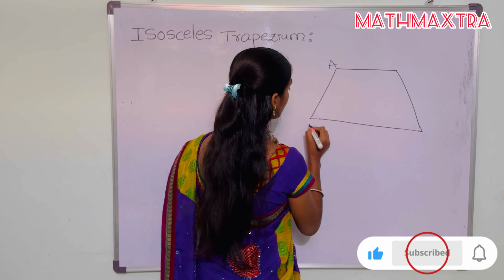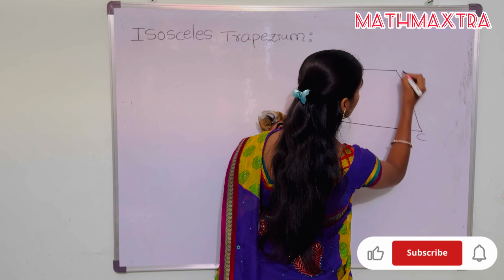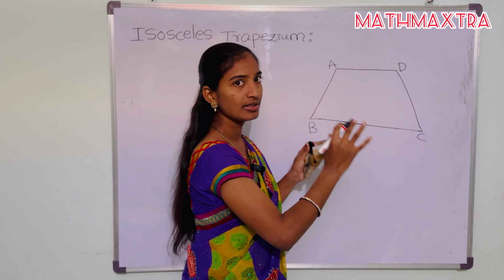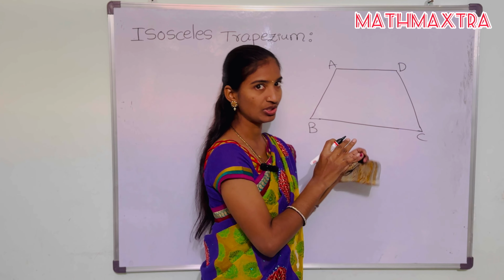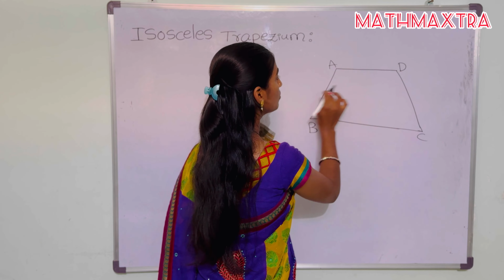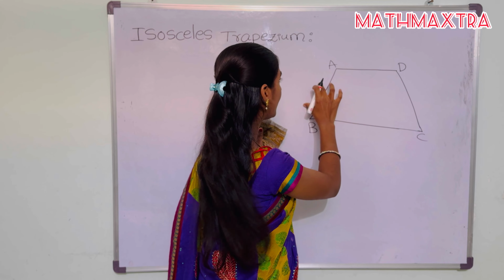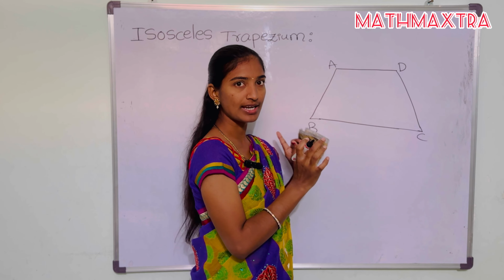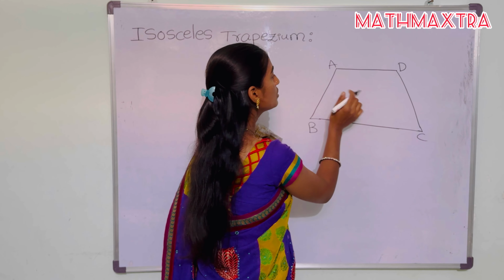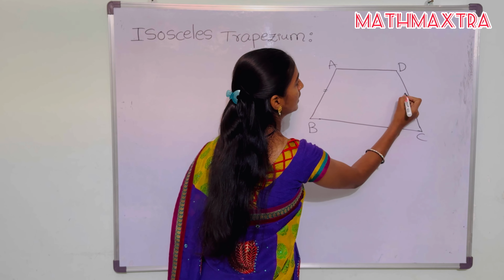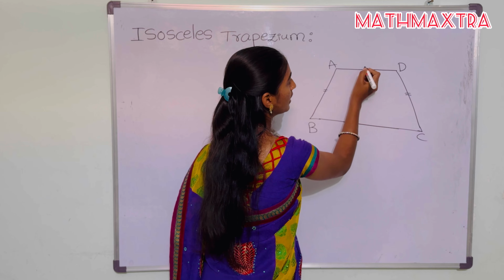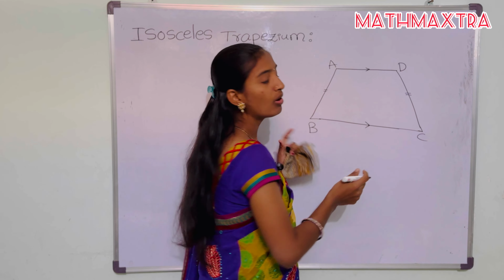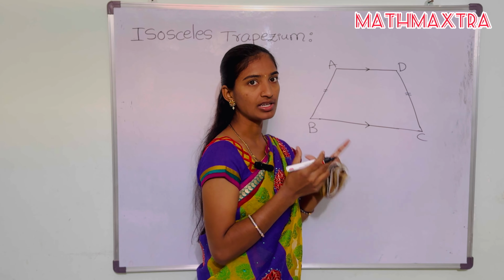It is a trapezium. Means first of all it should be a trapezium. Then these two non-parallel sides, AB and CD, must be equal. So if these two are equal, then we call this trapezium an isosceles trapezium.